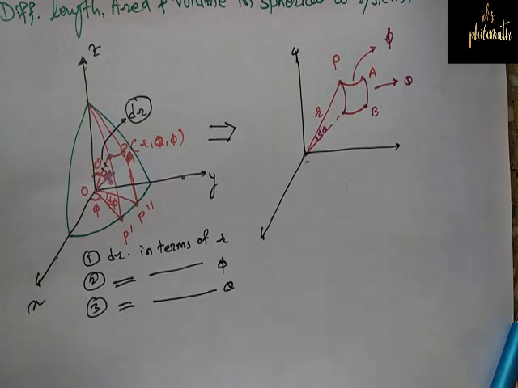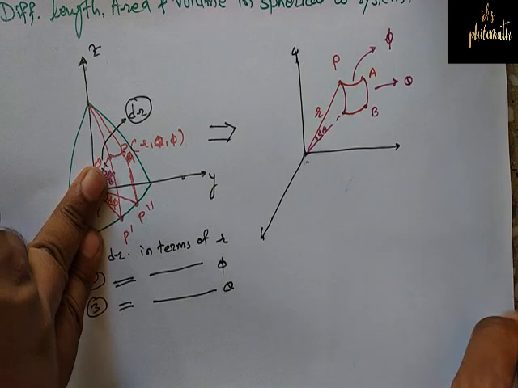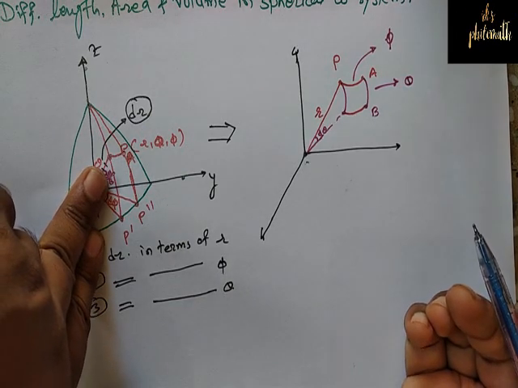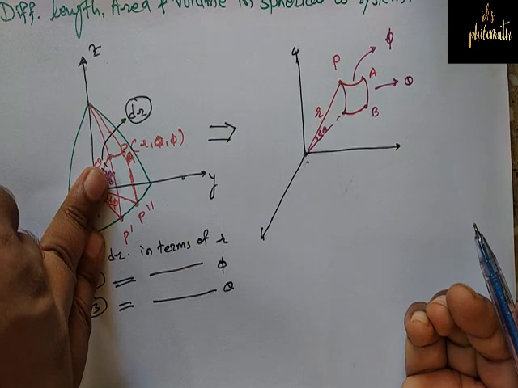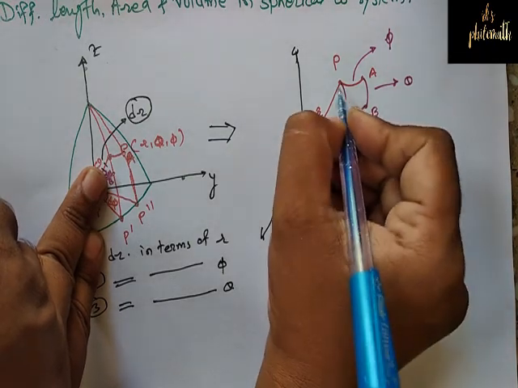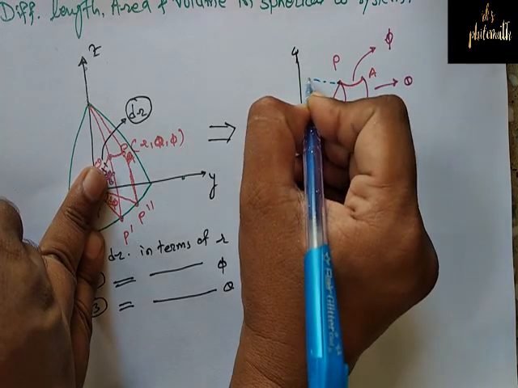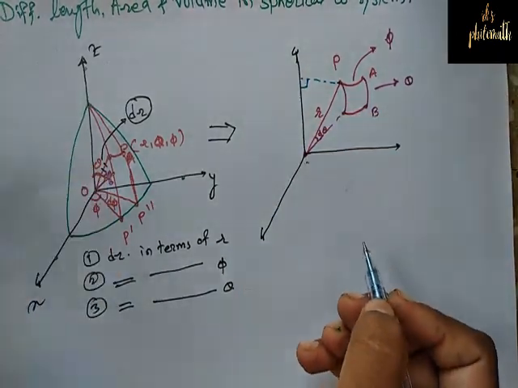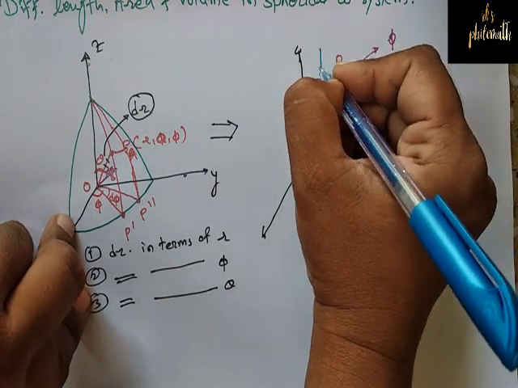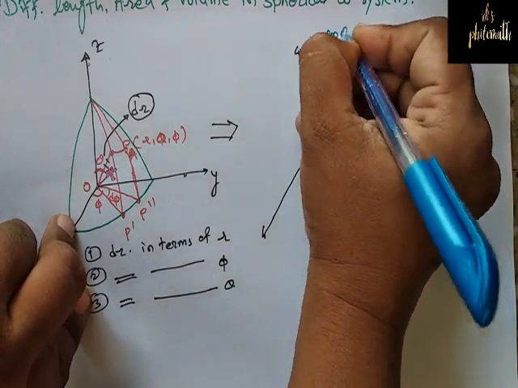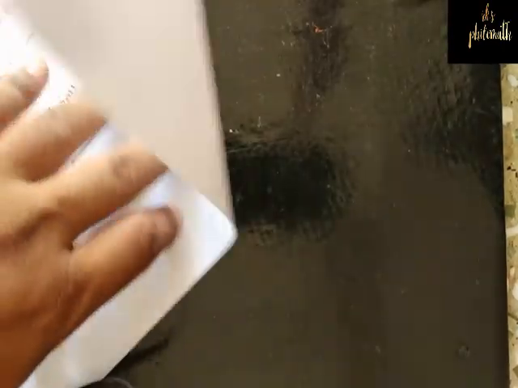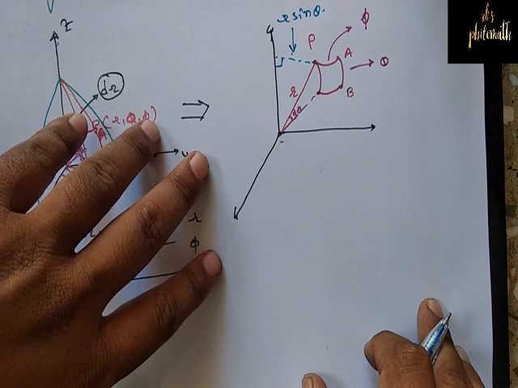Now see, for the calculation we have to connect this point P to the z axis by a perpendicular. We calculated this as r sine theta. This will help us to find the values.